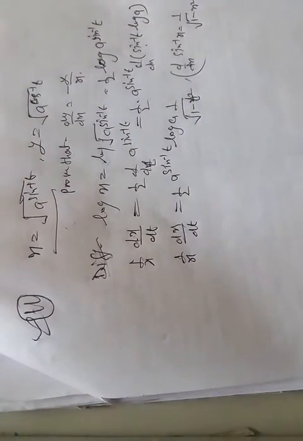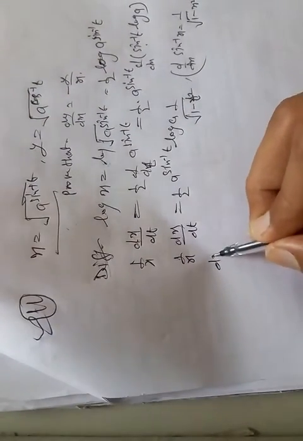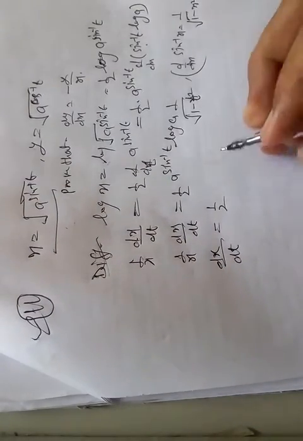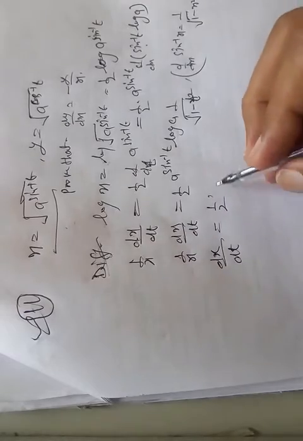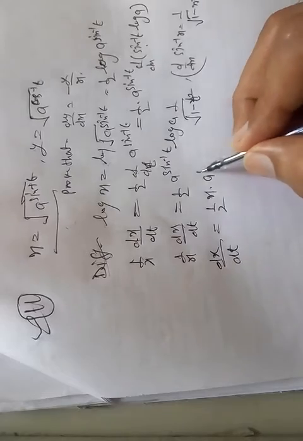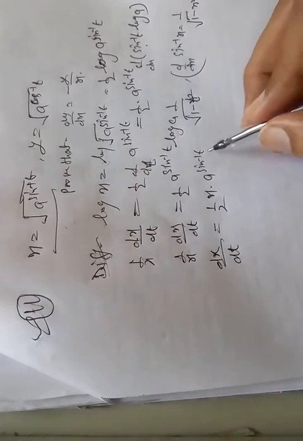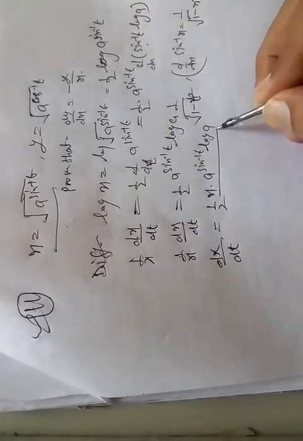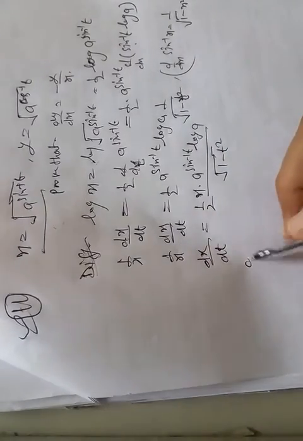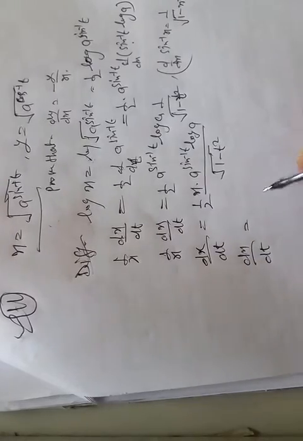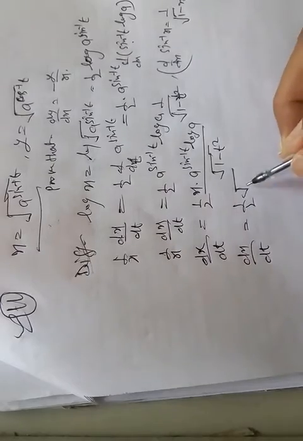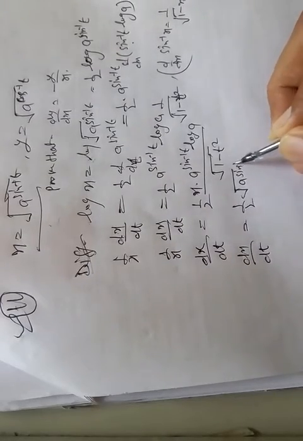So cross multiply. dx upon dt equals 1 upon 2 x, x meaning a raised to sin inverse t, into log a upon under root 1 minus t square. So dx/dt equals 1 upon 2 x, where x equals under root a raised to sin inverse t, into a raised to sin inverse t log a upon under root 1 minus t square.